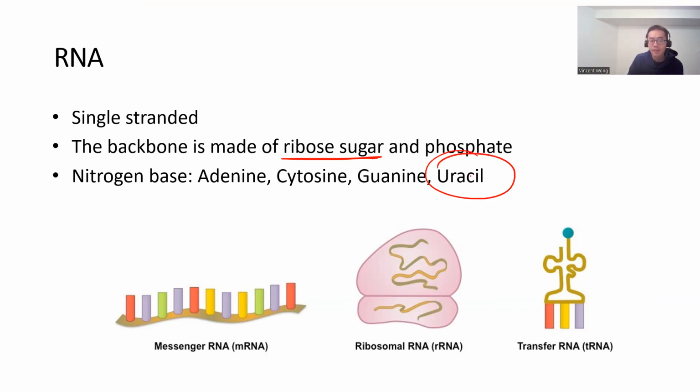And instead of thymine, they have something called uracil. They are pretty much the same thing, it's just a replacement. Okay. Three types of RNA are listed here. We will learn much more about these things later on in the course. I just want to put it here to show you that there are different kinds of RNA.